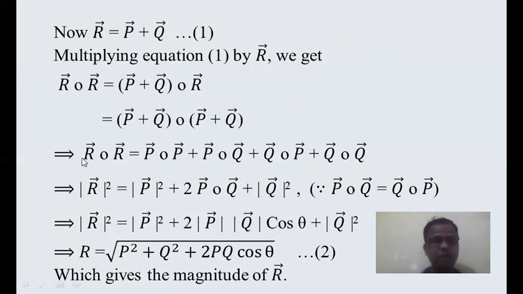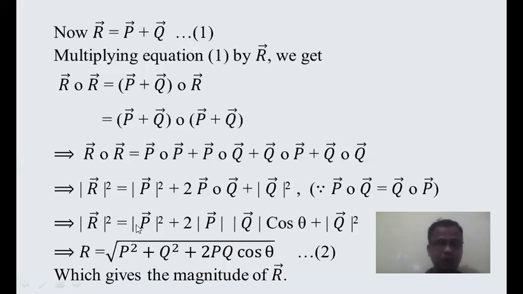Which implies vector R dot vector R is equal to P dot P, P dot Q, Q dot P, and Q dot Q. Which again implies, in modulus, R square is equal to P square plus 2 P dot Q plus Q square, because vector P dot vector Q is equal to vector Q dot vector P.